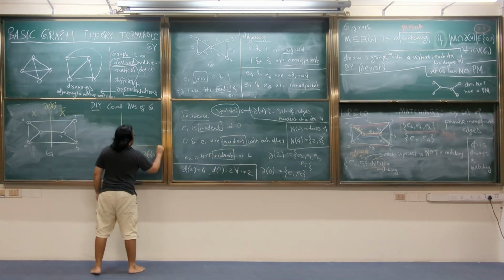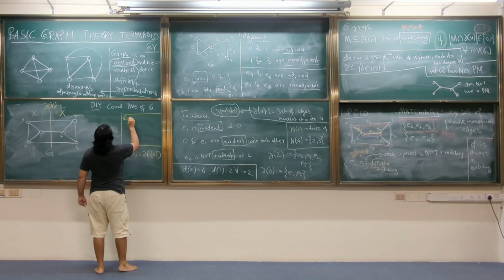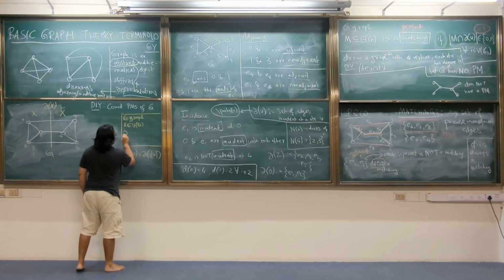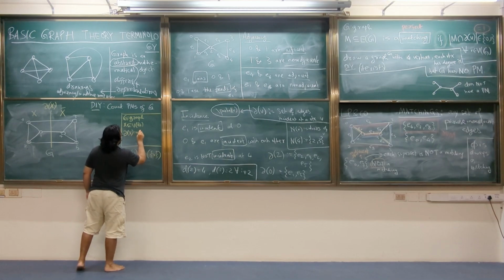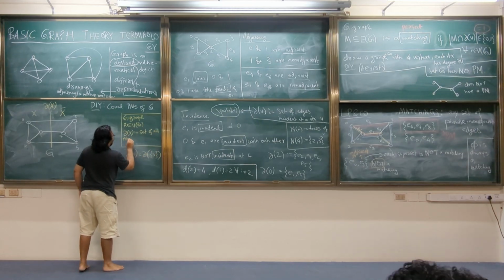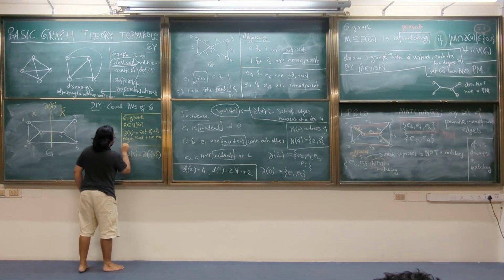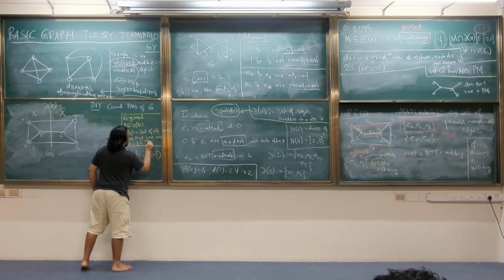So, for a graph G, any graph, take a subset of vertices, any subset, then partial of X is the set of all edges that have one end in X and other end in X complement, which is of course defined as vertices of G minus X.